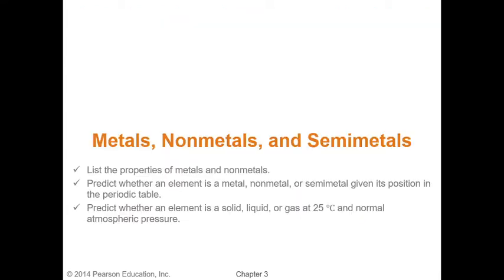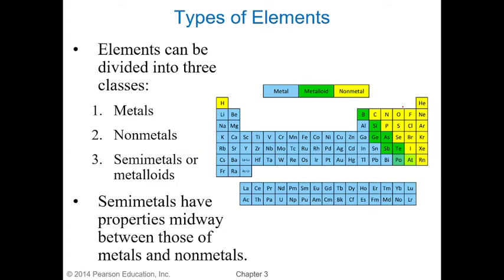Now, since we have discussed the elements, we can classify elements into three: metals, nonmetals, and semi-metals, also called metalloids. Okay? So the elements can be divided into three classes: metals, nonmetals, and semi-metals or metalloids.